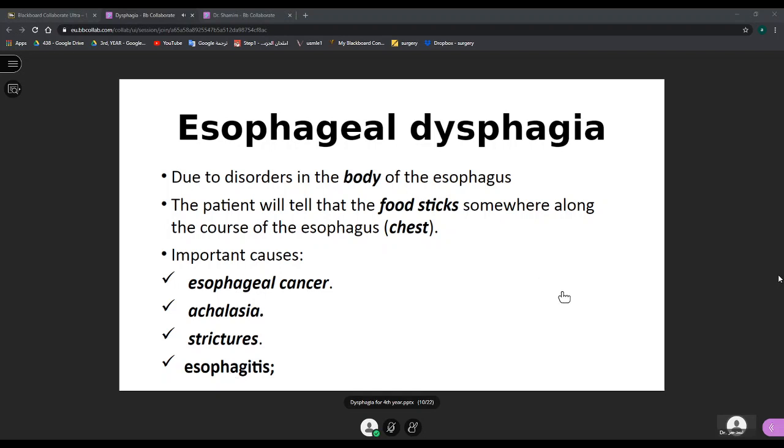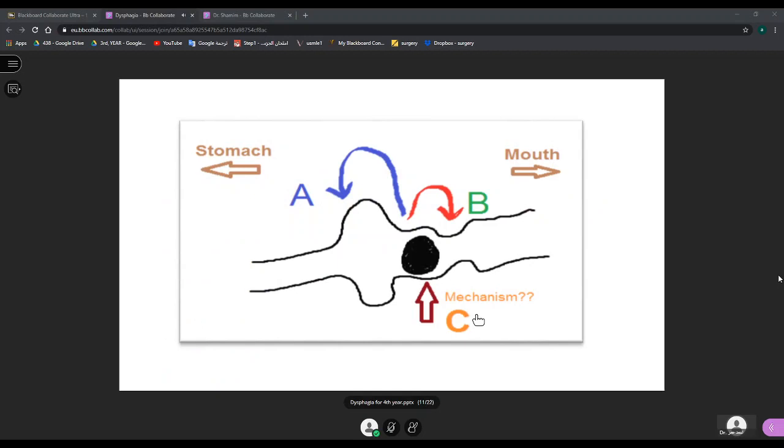As you can see here, part of these are related to mechanical obstruction, and part to motility disorder. Before I talk about the clinical features of esophageal dysphagia, I have one question for you about the figure in this slide. This is a schematic representation of swallowing in the esophagus. This is the side of the mouth, and this is the side of the stomach. The individual is ingesting a bolus of food, which moves along the esophagus from the mouth and should reach the stomach.